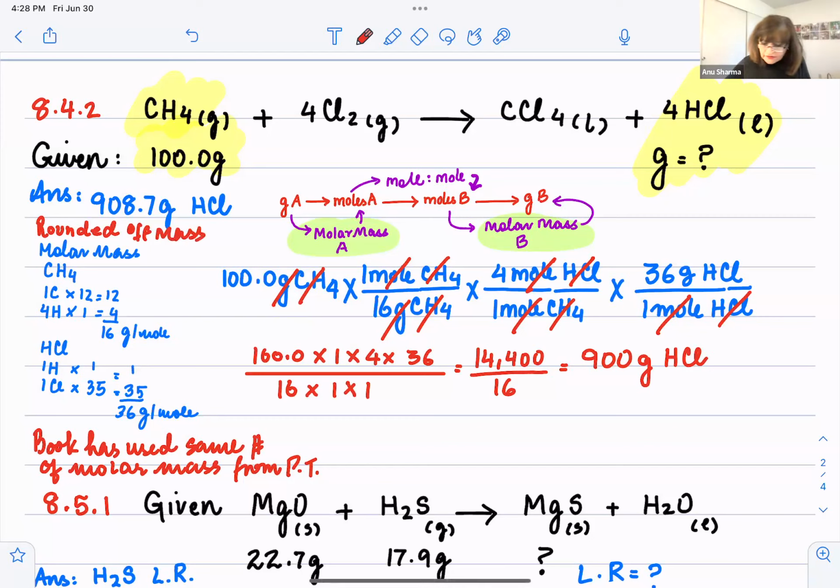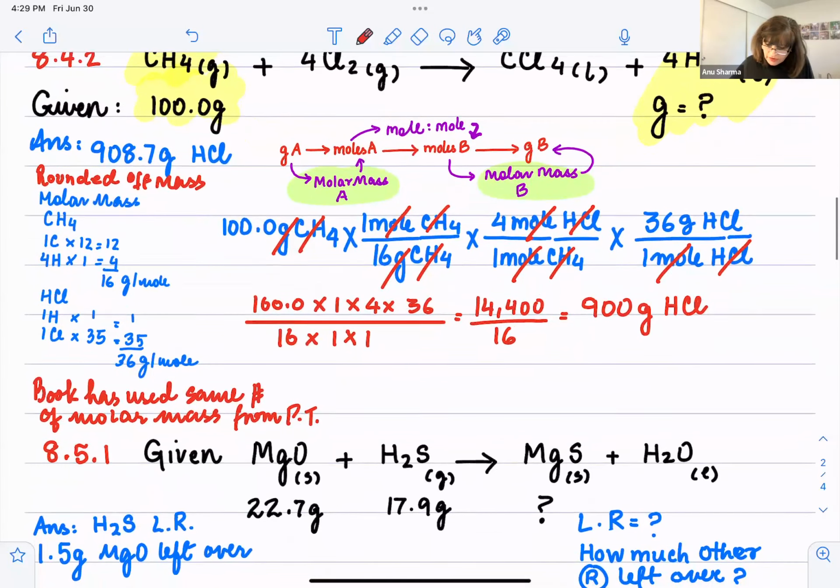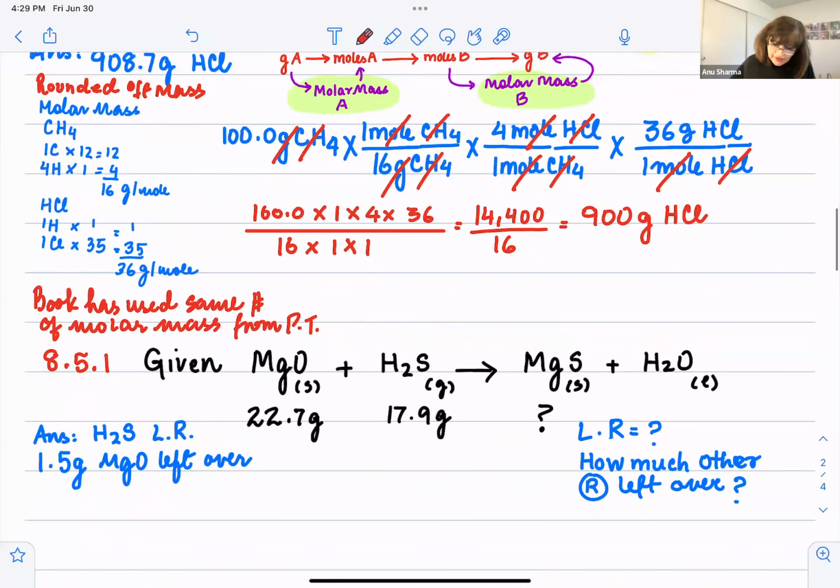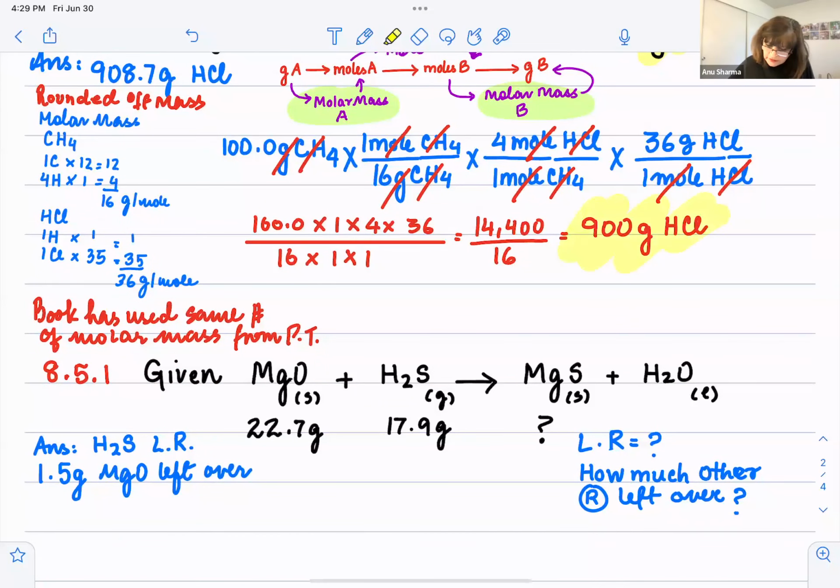So that's why there's a slight discrepancy in the answer, but nonetheless, this is the procedure. Okay, so that will give you the right answer. All right, so that's the answer, grams of HCl.